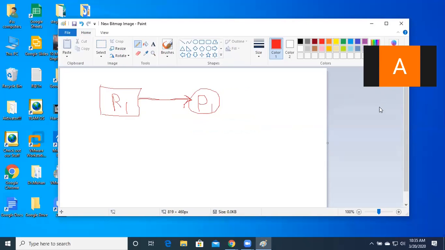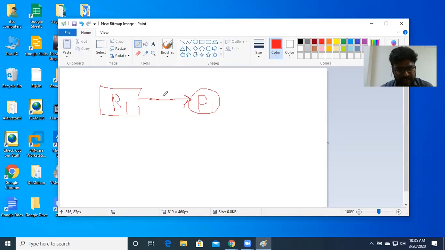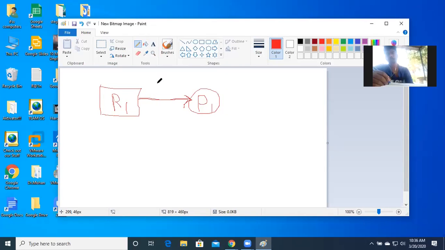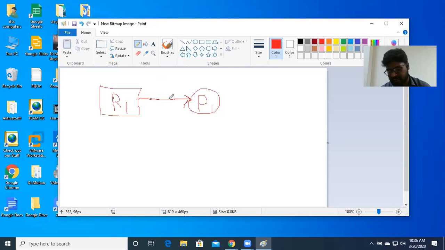Now R1 is represented in a rectangular box, right? This R1 is a resource, P1 is a process. Now this R1 is assigned to P1. So consider R1 as a printer. Now this printer is assigned to process P1, maybe your Word document. So this edge is called an assignment edge.